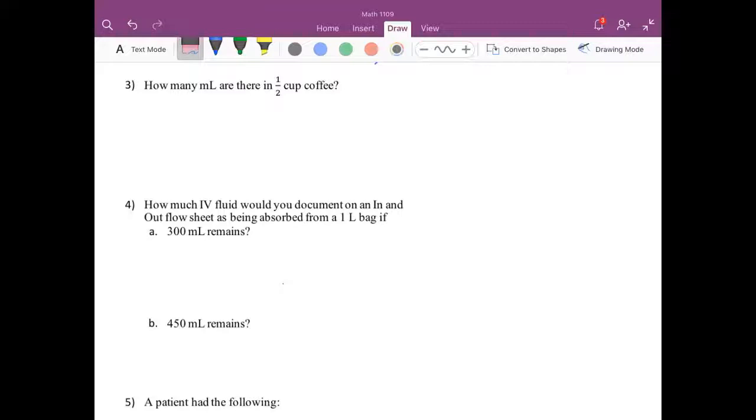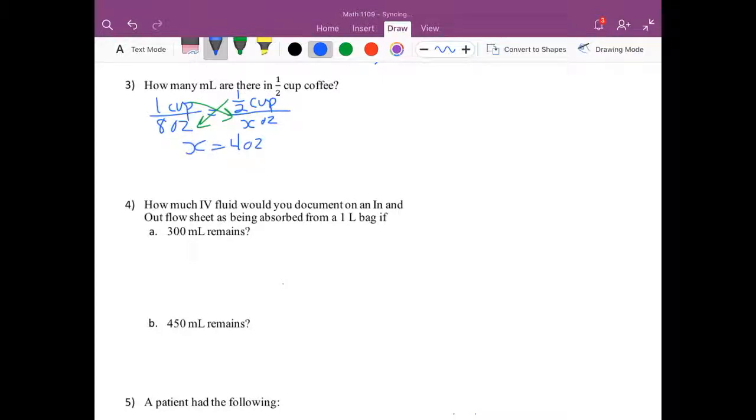So if we do it the exact same way we've been doing it with the proportions, we have 1 cup is 8 ounces, half a cup is how many ounces? Okay, so we want to go to ounces first. So I'm going to cross multiply, and I get x equals 4 ounces.